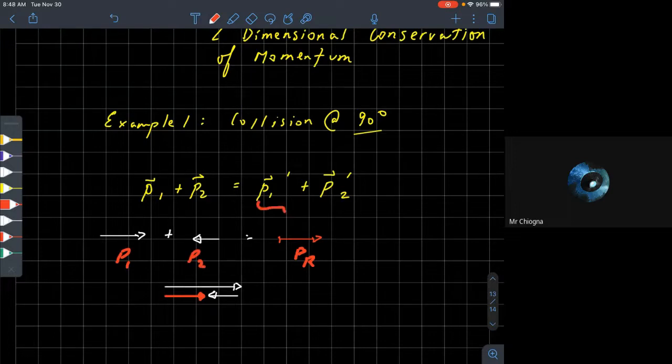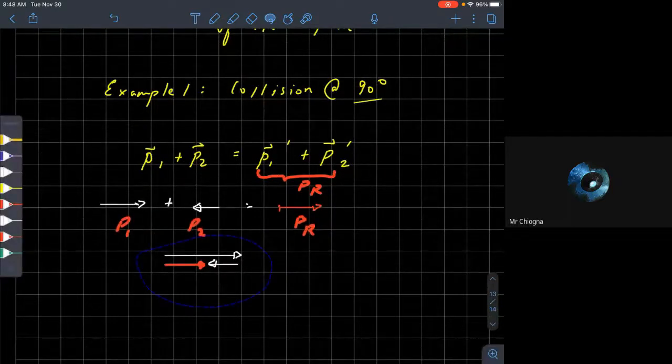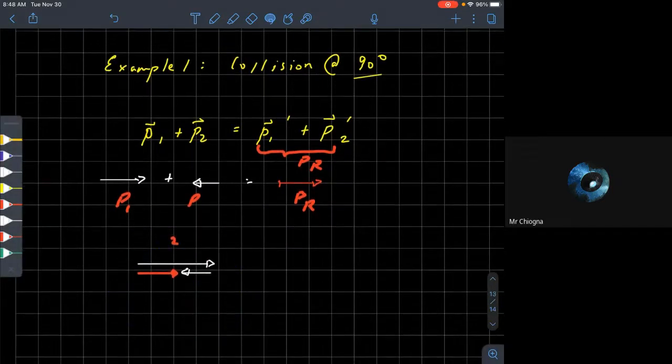These two would reduce to 1. Some resultant. This is your PR here. This is your P1. This is your P2. Now, again, why am I drawing this? Because I want to indicate to you why we can use simple math.